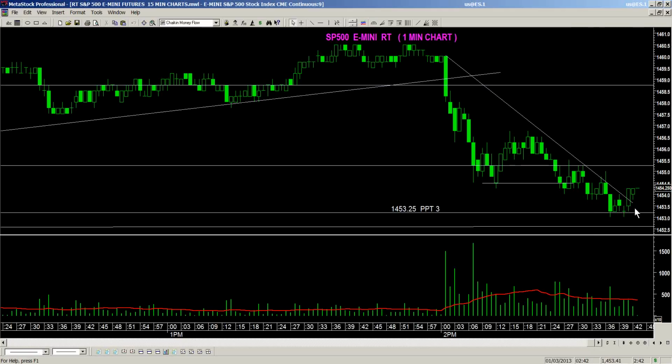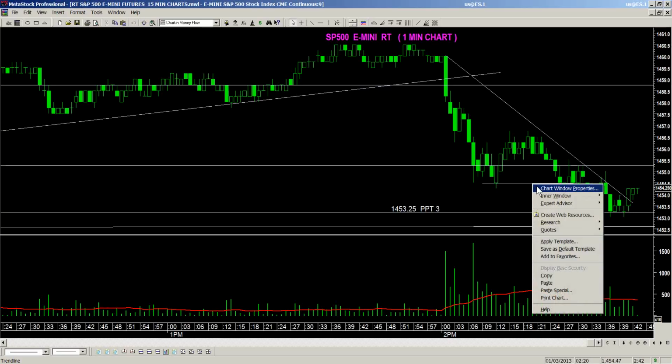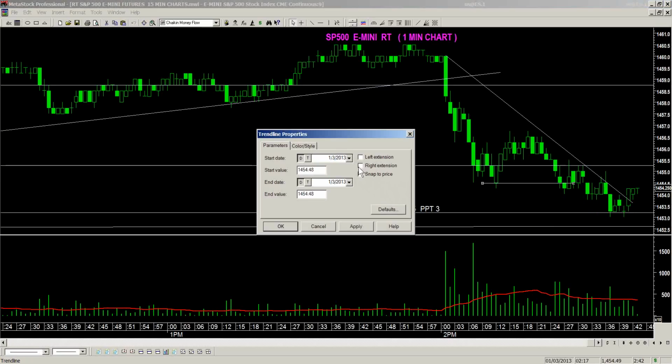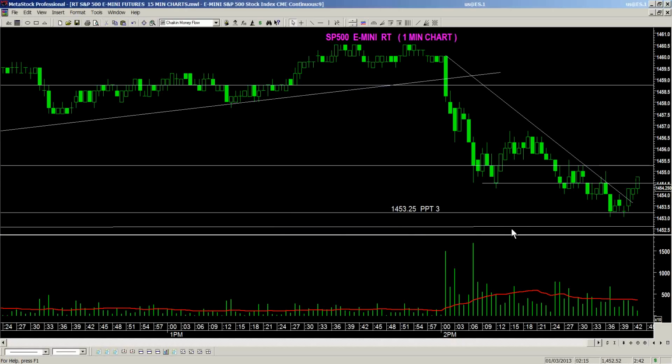Volume 2,126 contracts. Just about out of the trade. Trend line violation would be a key. There we are. We are out of the trade.